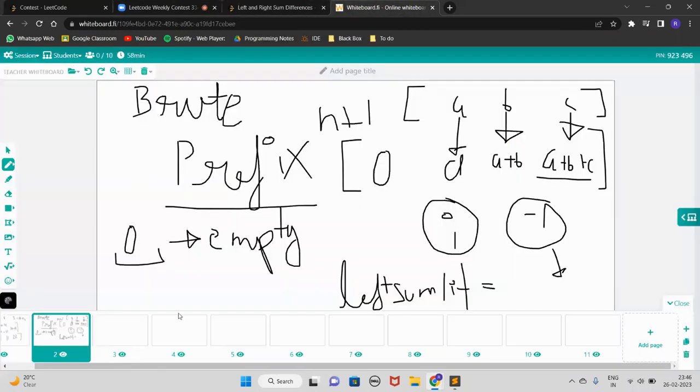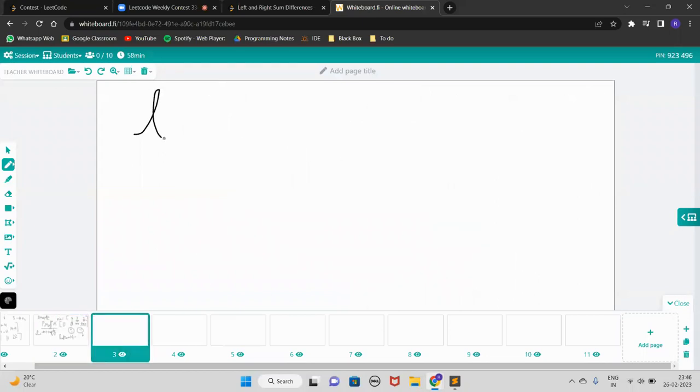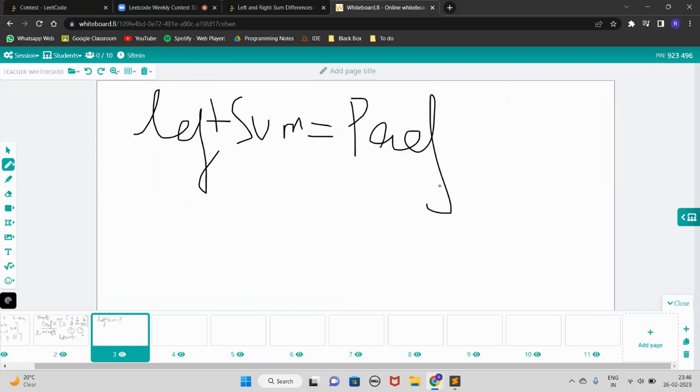Okay. So the left sum of I would be equal to prefix of I minus 1.